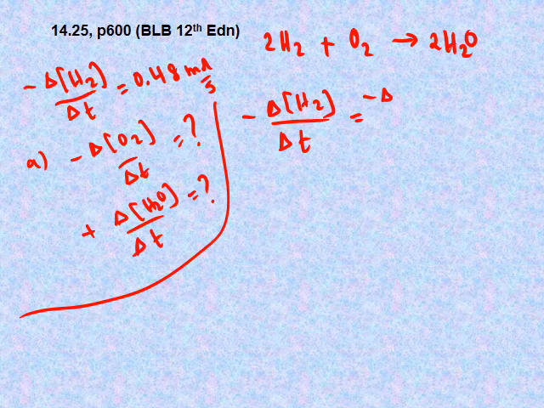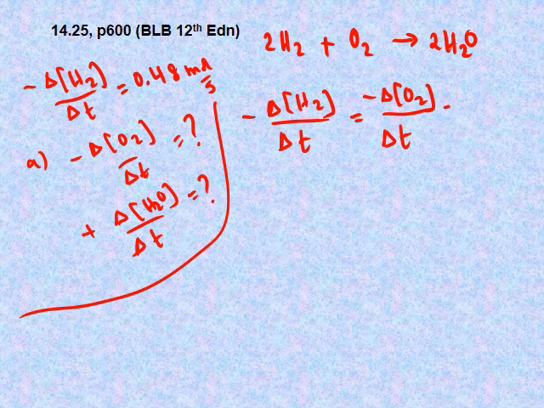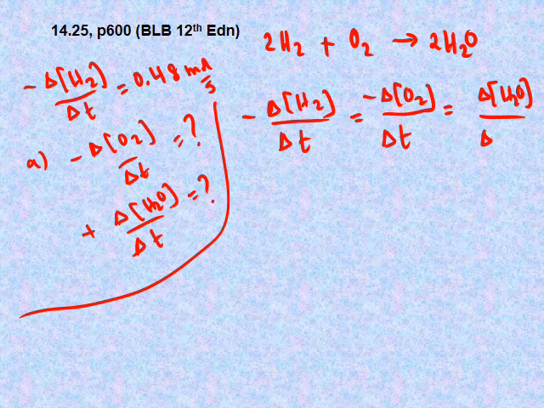Minus delta O2 over delta t. Oxygen is also a reactant, so it will be used up in the reaction, but water is going to be formed, so it's plus delta H2O over delta t. First, I wrote these rates to be equal. That means the rate at which hydrogen and oxygen are dissipating would be the same as the rate at which water is formed.